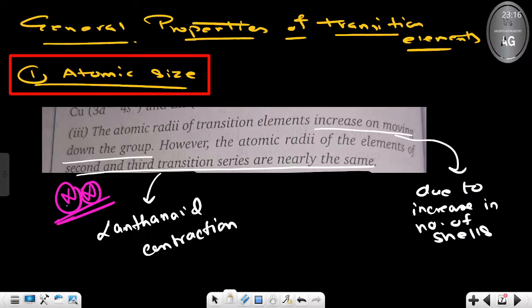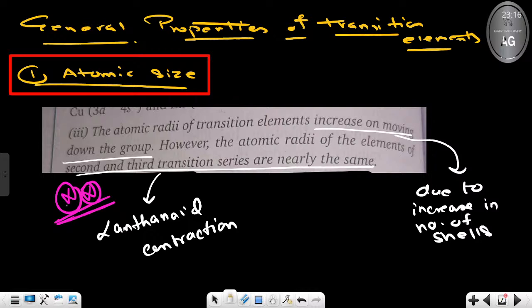This is seen from lanthanum onwards. This is why zirconium and hafnium cannot be separated. Why? Because the 4d and 5d series will have the same size. If they have the same or similar size, then how will you separate them? They have similar size, so their properties will also be similar.